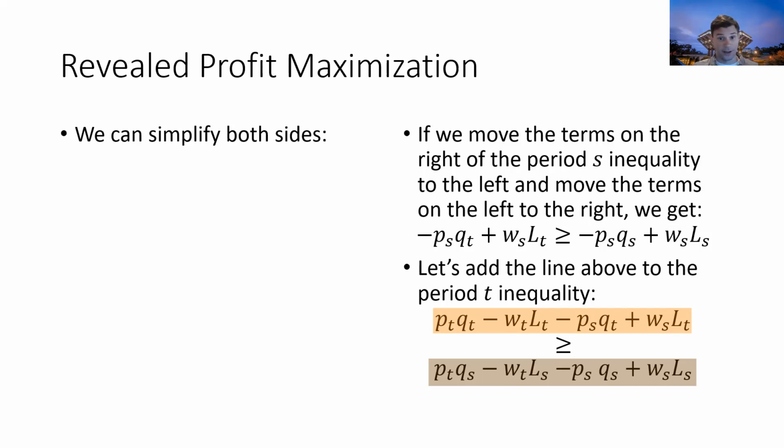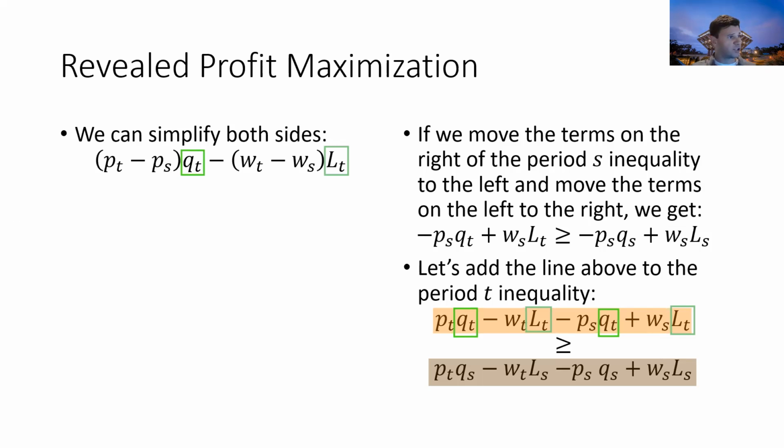And we can also factor out a what? Yeah, we look at Q here and a Q here. We could factor those out. We could also factor out the L's. So if we do that, hopefully this makes sense. We have the wages multiplied by L factored out, and then we have the prices of output difference multiplied by Q once we factor them out.